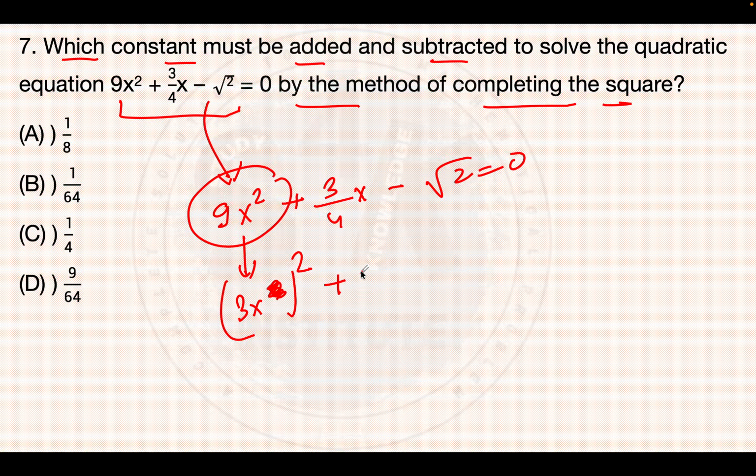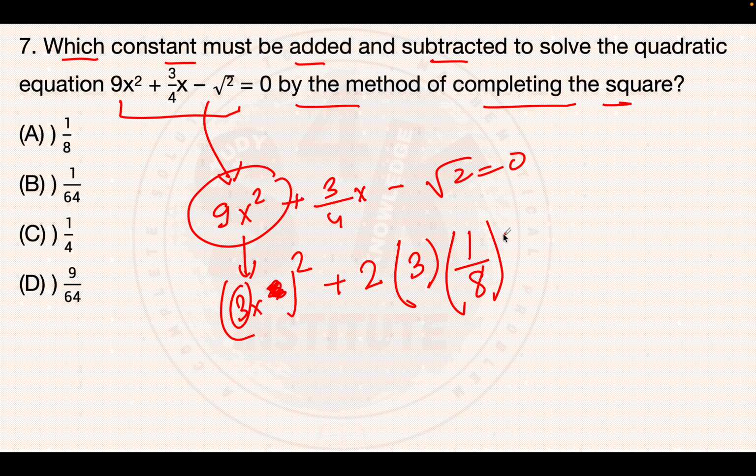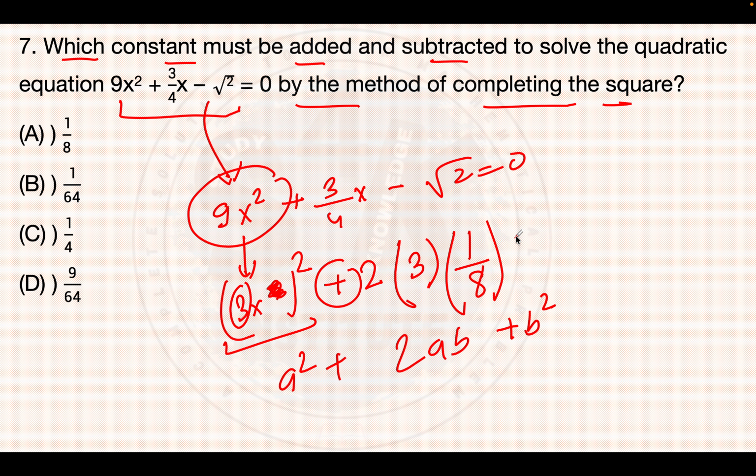plus twice a into b, like what I am trying to do is a square plus 2ab plus b square. Okay, so this is a plus sign, so it will remain b square. So I think it will be 1 over 8 square.